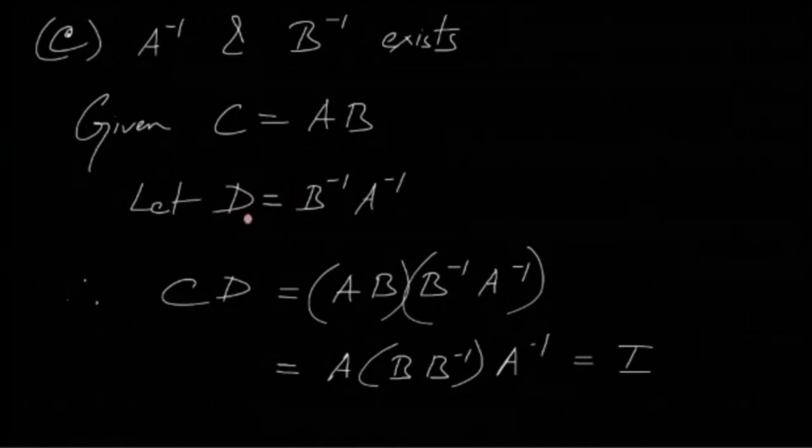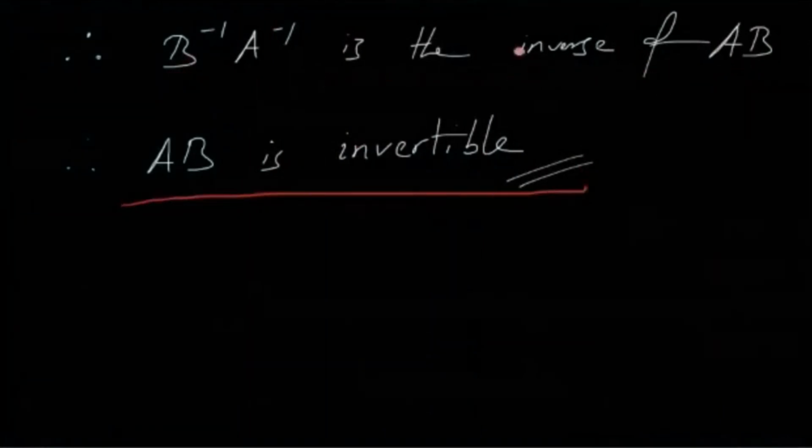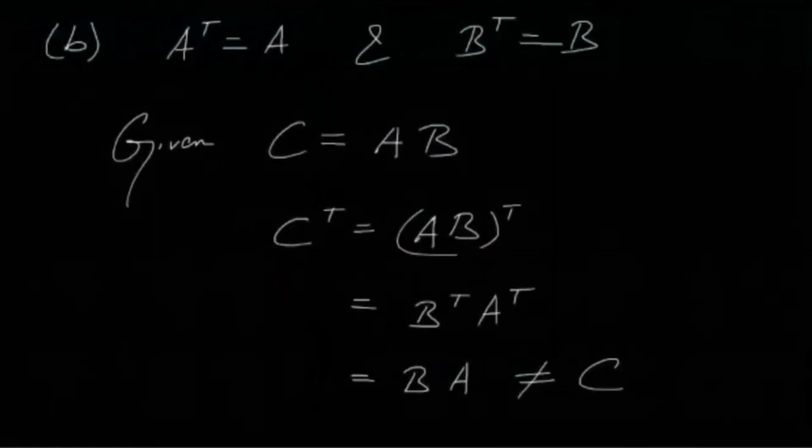So C into D is nothing but AB into B inverse into A inverse, which is nothing but I, because B into B inverse becomes I, and then A into A inverse becomes I. So C into D is equal to I. Therefore, D is the inverse of C. That means B inverse into A inverse is the inverse of AB. So AB is invertible. Option C is true. Very easy problem.